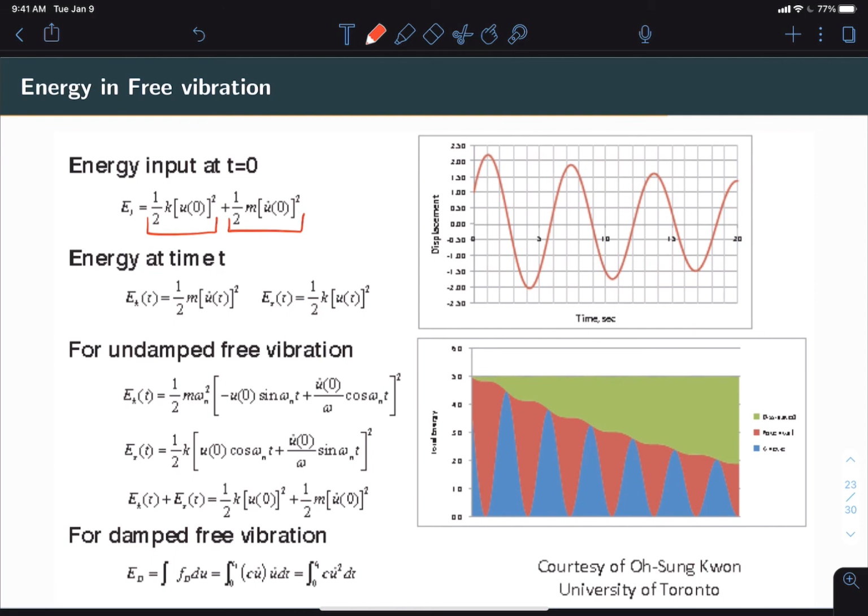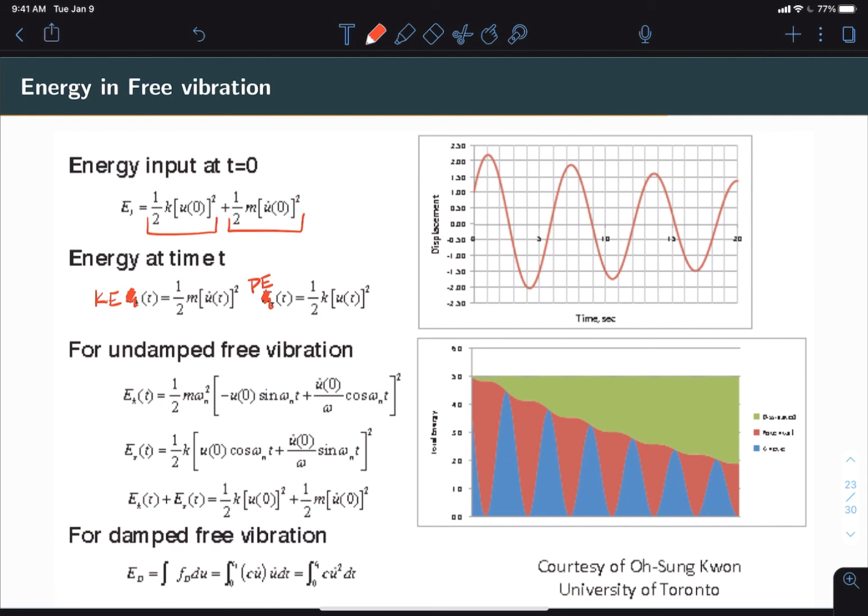And then generally, at any other time, we can again express the potential and kinetic energy in the same way. So in case this is not very clear, this would be the kinetic energy, and this would be the potential energy.